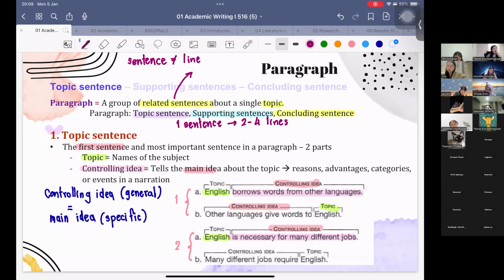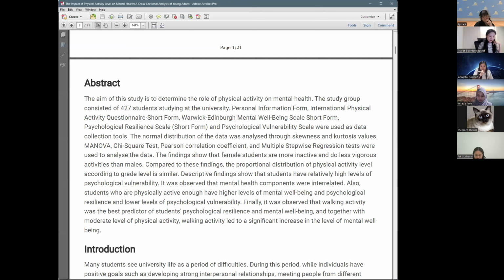Take this as an example. When I say lines, you can see that line 1 would be from the words 'the aim of this thing' to the words 'the study group'.